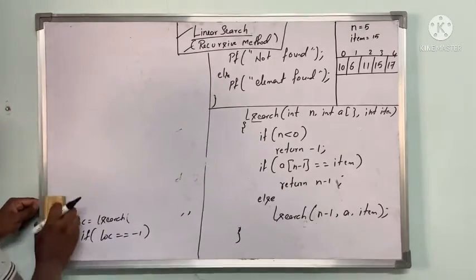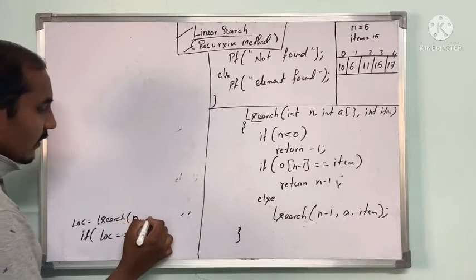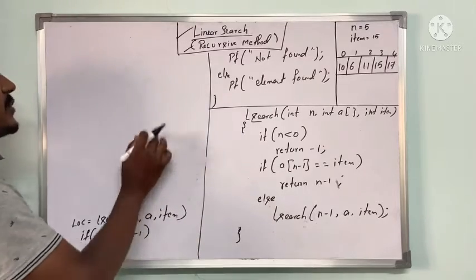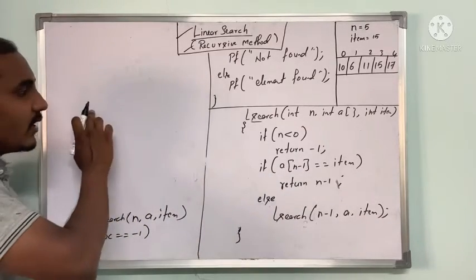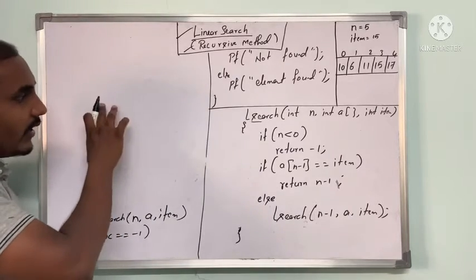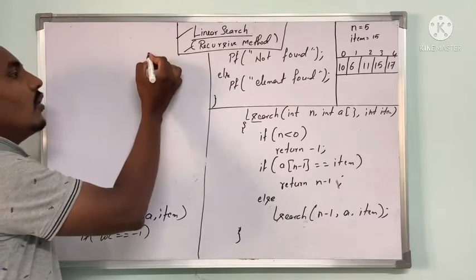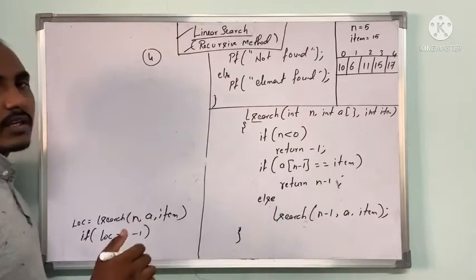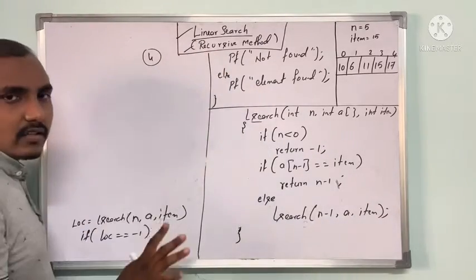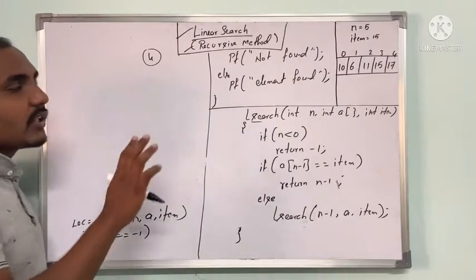And remember, whatever we have discussed till now, statements like printf enter the number of elements, scanf followed by number of elements n, taking the array elements and reading the element to be searched, will be common for all 4 types of programs. That is linear search using iterative method, linear search using recursive method, binary search using iterative method, or binary search using recursive method.